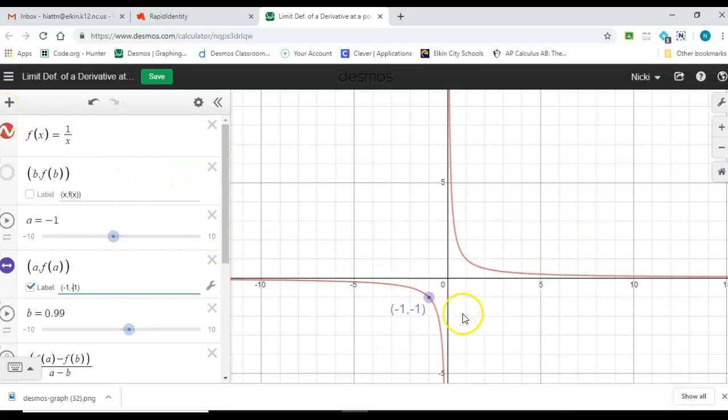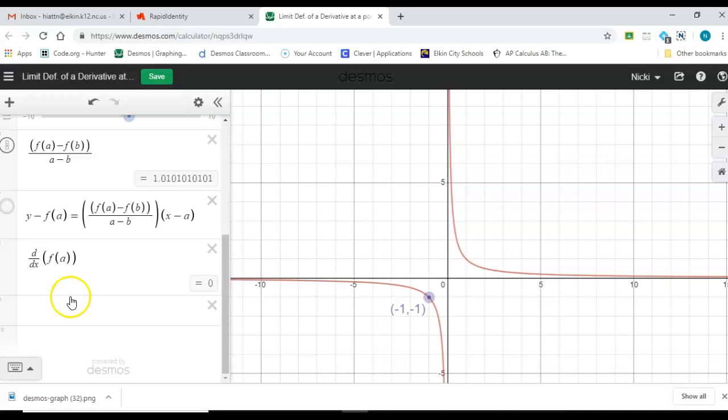What do you think, Justice? What do you think the slope is? Negative something. That's good. Let's just guess and see. Let me add something. Go down to the bottom.